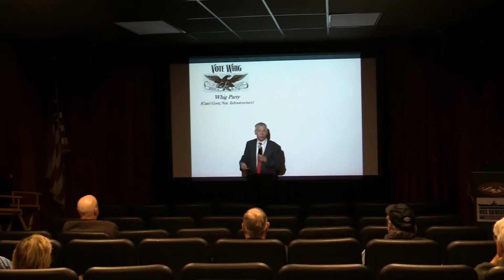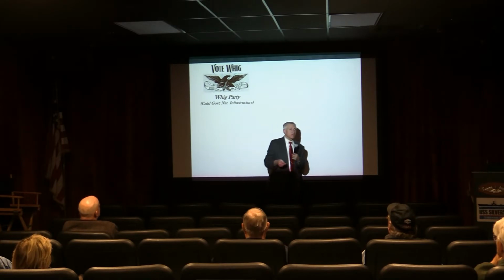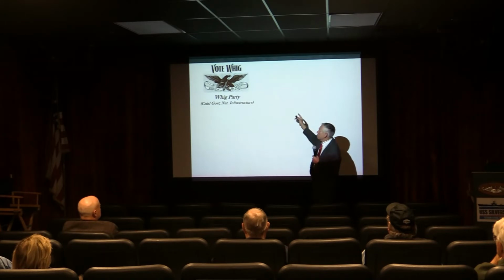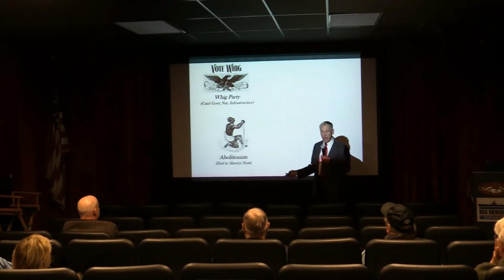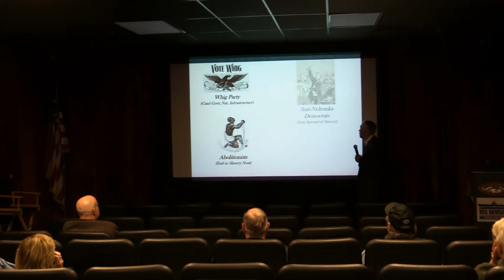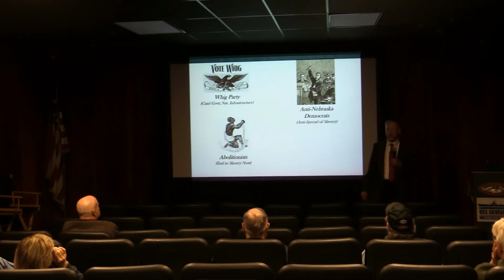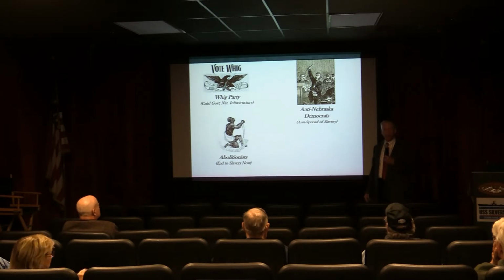John Adams, for example, was a Whig. Jefferson was a Democrat Republican. The Whigs were against slavery, as were the abolitionists, highly against slavery, single-mindedly so. The anti-Nebraska Democrats, there were members of the Democratic Party that were against slavery.